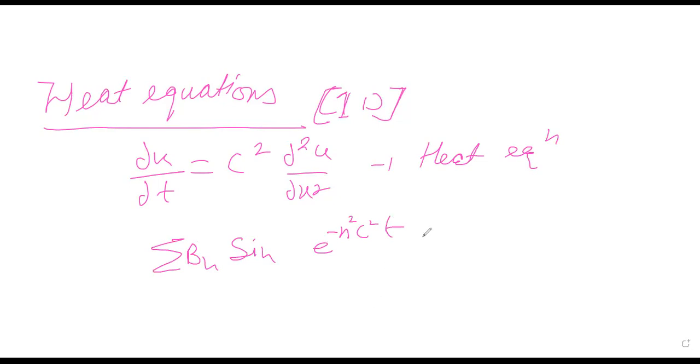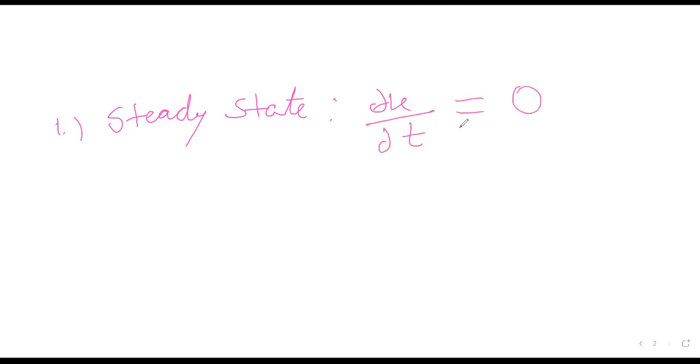Now, there are two, three terms that you should be aware of, like what they actually mean. First thing is the steady state. Steady state means there is no more change in temperature with respect to time, that is, del u by del t is 0.